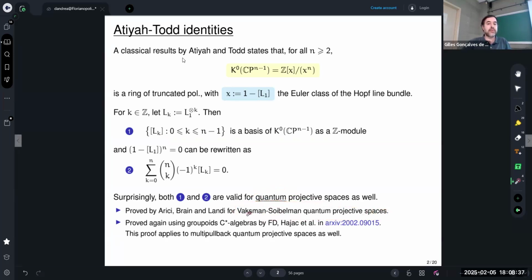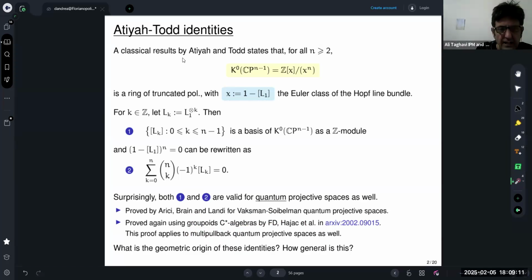This was proved by them with an index argument, by pairing K-theory with K-homology. Then there is another proof that uses groupoid C*-algebras in a preprint with Piotr and others. I'm not listing all of them, but I can tell you who they are: Albert Sheu, Thomas Maszczyk, and Bartosz Zielinski. And this proof applies also to another class of quantum projective spaces, called the multipullback quantum projective spaces.